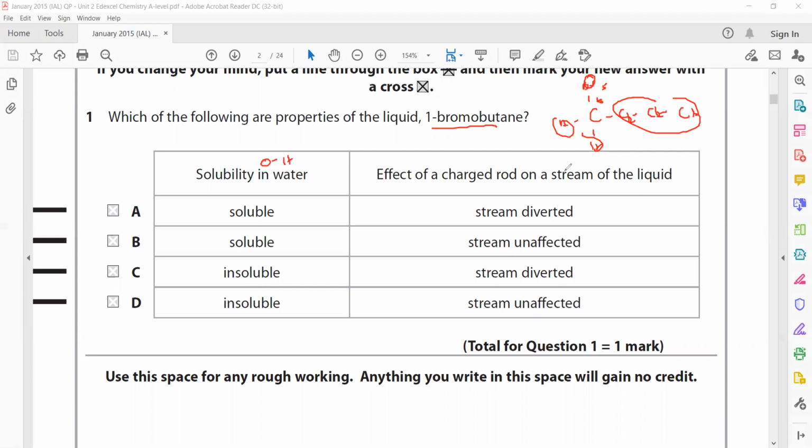So it will have dipoles, a permanent dipole. That's why the stream will divert when a charged rod is placed near the stream of liquid. So it should be insoluble because it does not have hydrogen bonds, and it should divert because its molecules are polar due to the polar bond between bromine and butane.